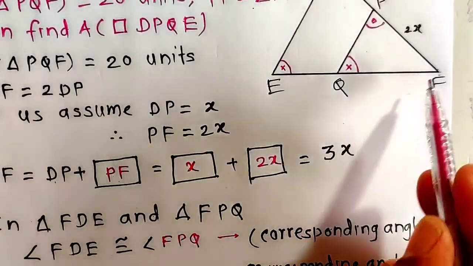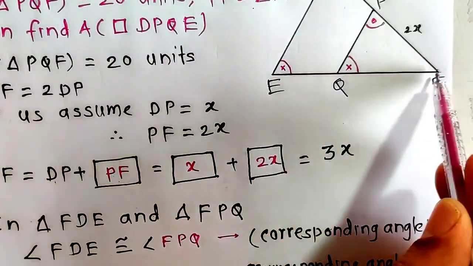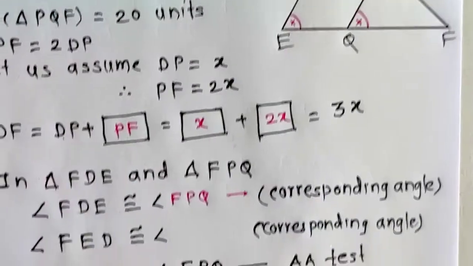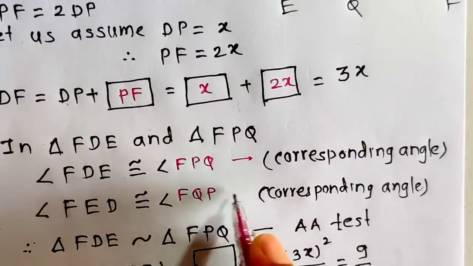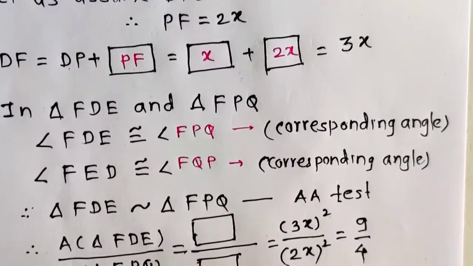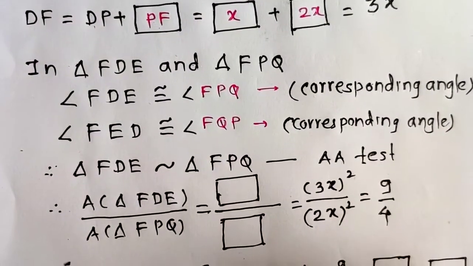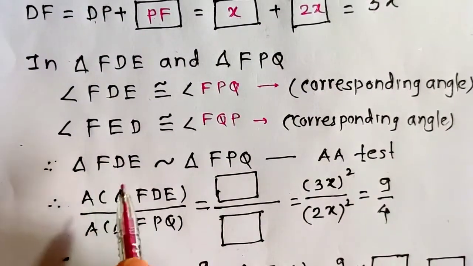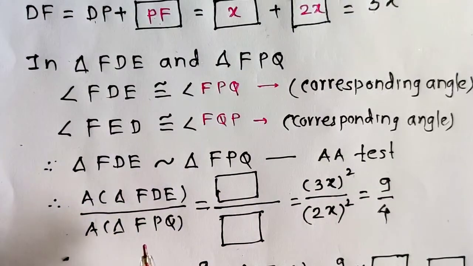Similarly here angle FED is congruent to angle FQP, corresponding angles. Now in two triangles, if two pairs of corresponding angles are congruent, then these triangles are similar by the AA test. So triangle FDE is similar to triangle FPQ by the AA test, and we use the theorem of areas of similar triangles.